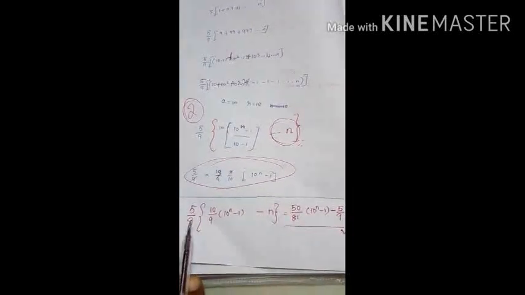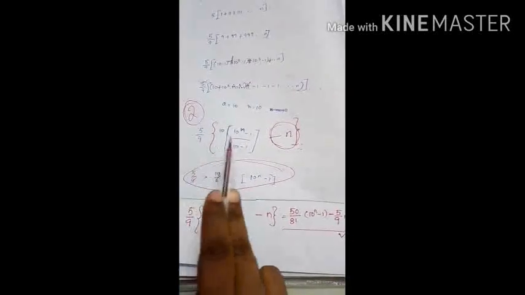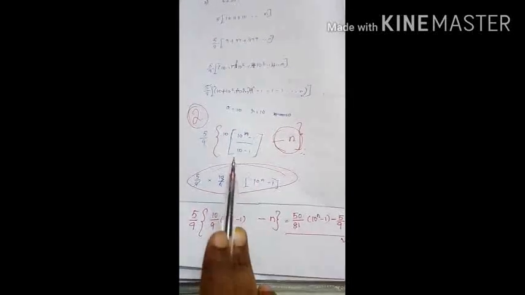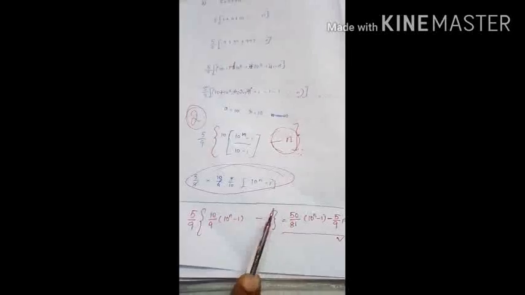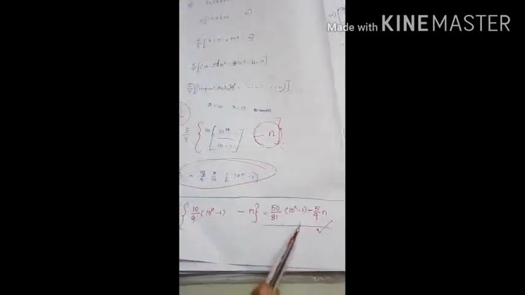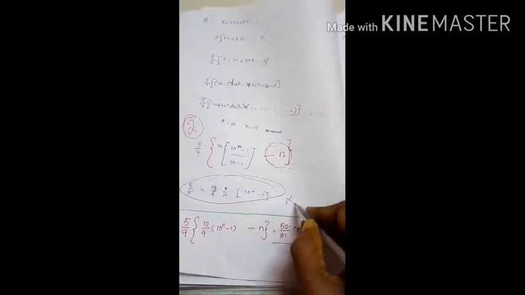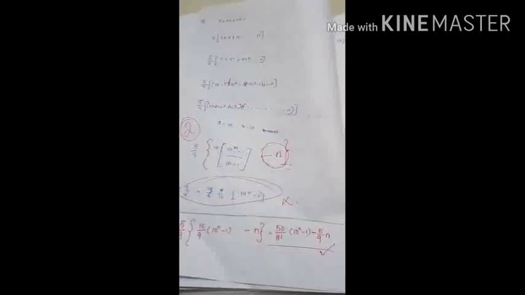That should be written till the end of the problem. Here the answer is 5 by 9 into [10 by 9 into 10 to the power of n minus 1] minus n, which is 50 by 81 into 10 to the power of n minus 1, minus 5 by 9 n. So this is the correct answer.